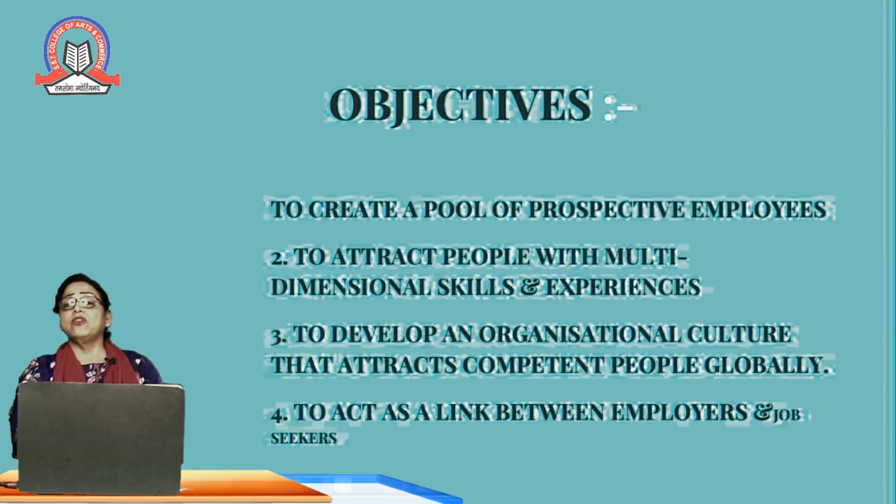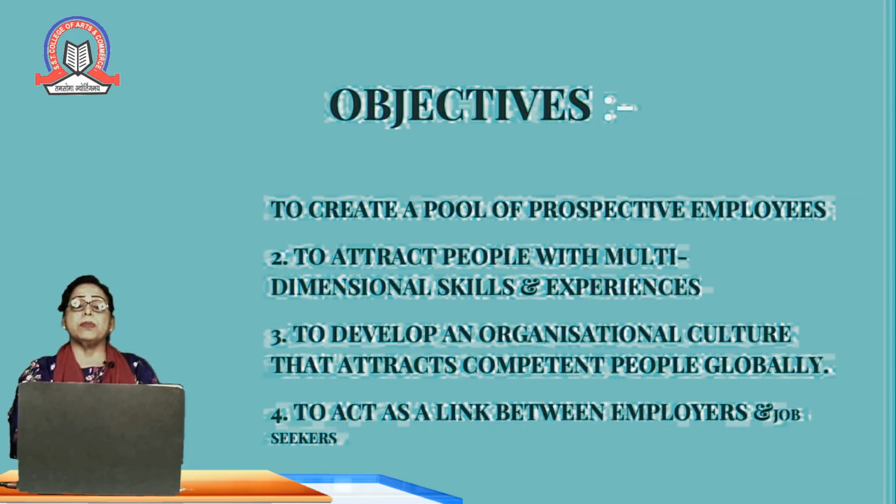Why do we go for recruitment? What are the objectives of recruitment? Let us see. To create a pool of prospective employees, we do recruitment. Second is to attract people with multi-dimensional skills and experience. A company always would prefer to have its human capital multi-talented or multitasking.